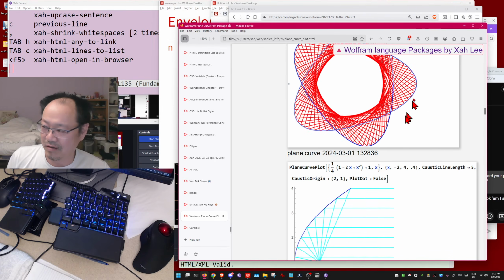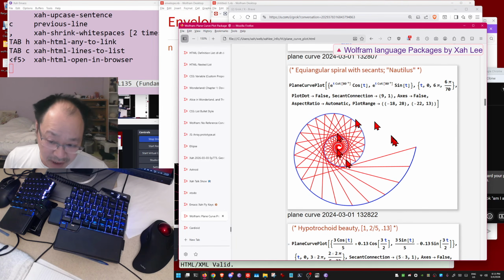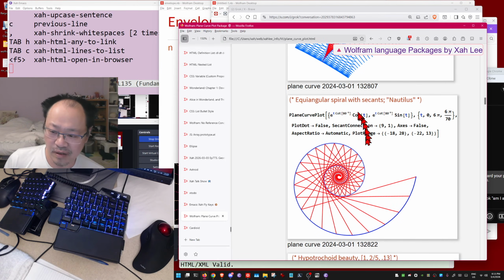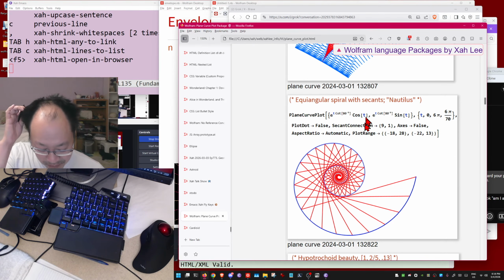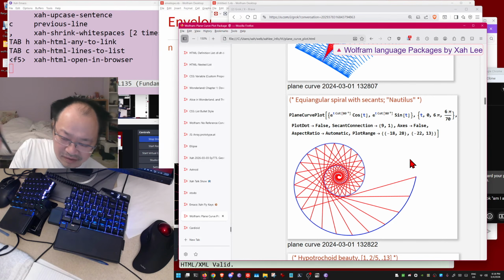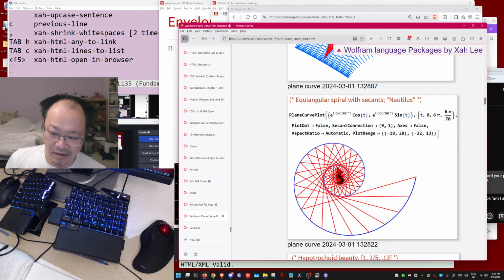Secants you can just use to generate pretty pictures. For example, this curve, by the way, is one of the fascinating curves. It's called the logarithmic spiral, but a better name would be equal angular spiral, because when you draw a ray from the center of the spiral, it hits the curve at the same angle.